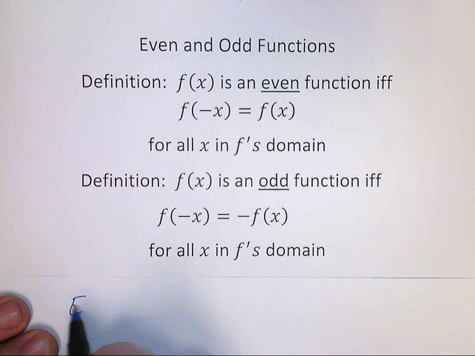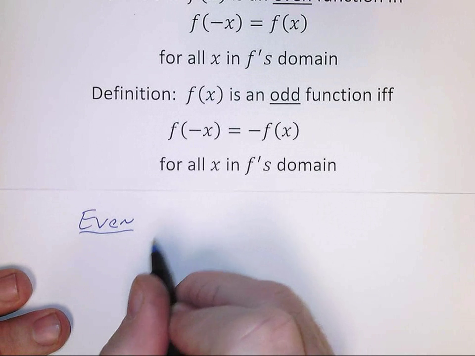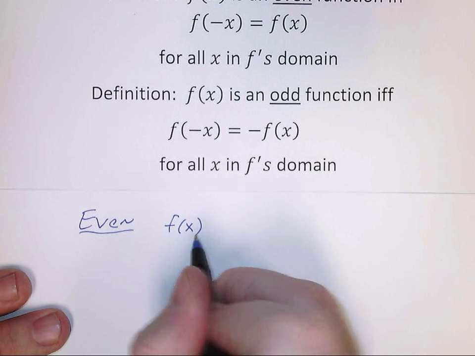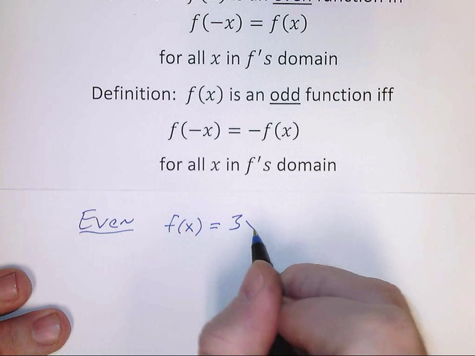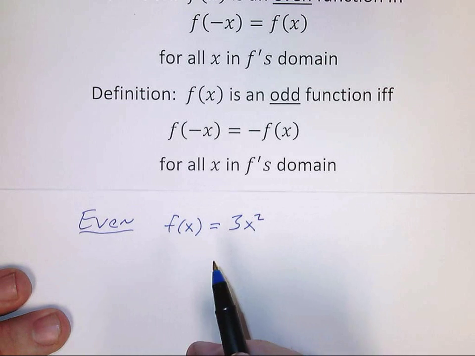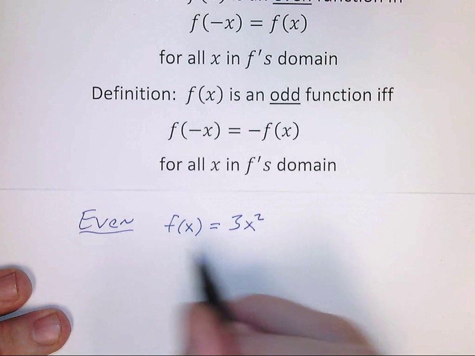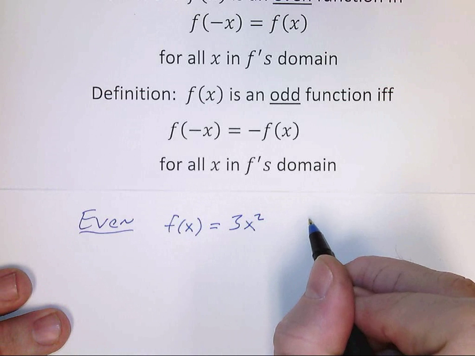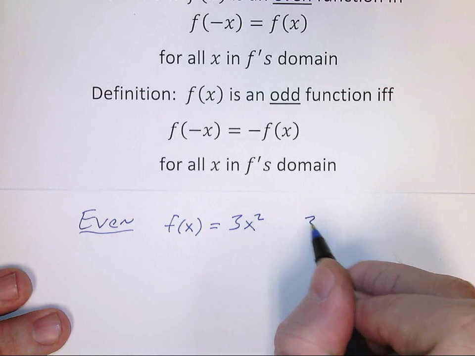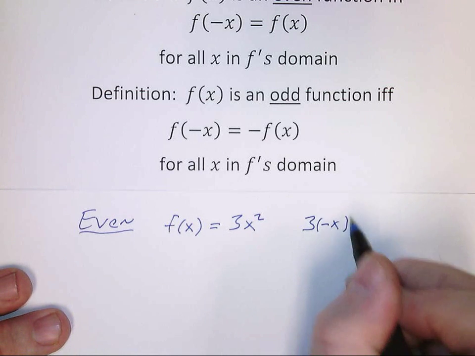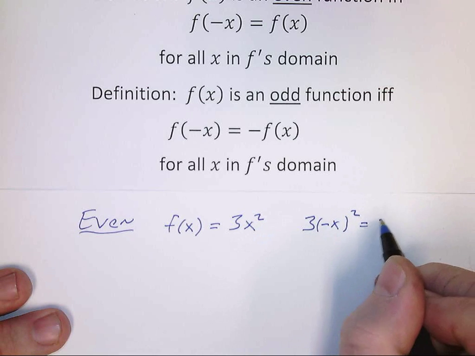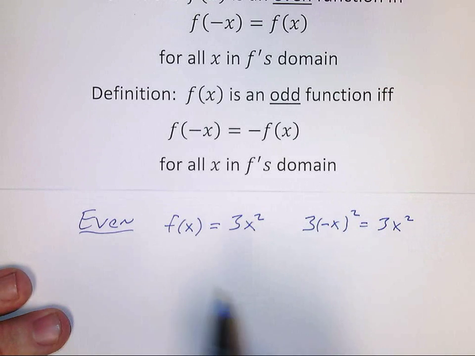So for even functions, for example, f of x equals 3x squared is even, because 3 times negative x squared is the same as 3x squared.